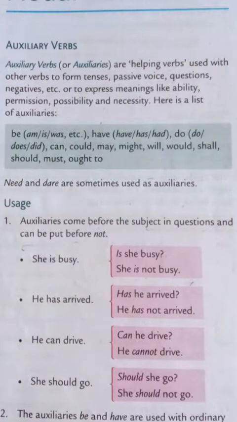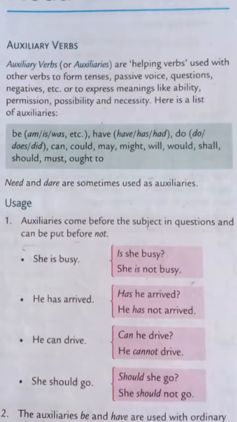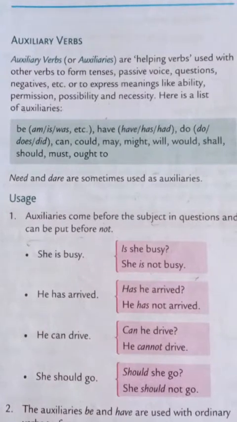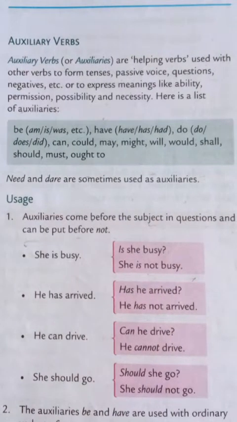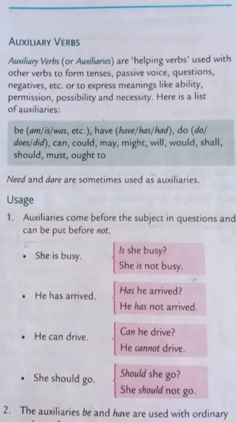Next example, she should go. Should she go? Before the subject she, should is the auxiliary. Then, she should not go. Before not, the auxiliary is should.